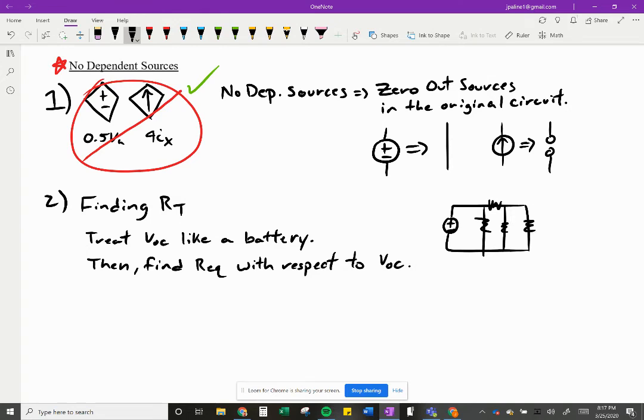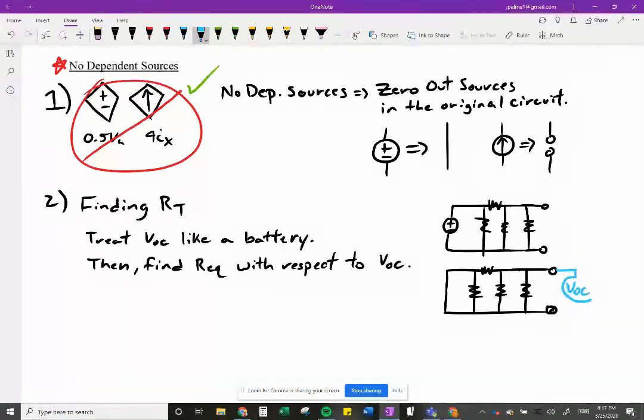But now what we're going to do is something like this, where we will have our open terminals. Now this will be VOC. We're going to act like it's a battery.